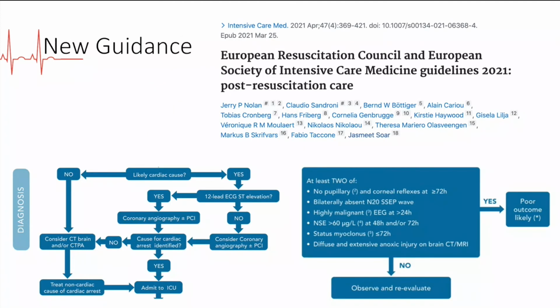While I was doing this study, the ERC published new guidelines. Their diagnostic algorithm is the same, so they still recommend doing a CT brain or CTPA scan. But they published a new list of indicators of poor outcome, one of which is diffuse and extensive anoxic injury on brain CT, which was the most common other finding in the study.